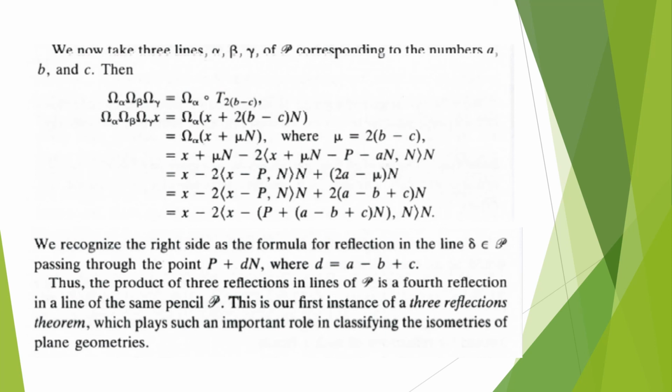Then x minus 2 times the quantity x minus p, dot n, times n plus 2 times a minus b plus c times n. That is x minus 2 times the quantity x minus p plus a minus b plus c n, dot n, times n.